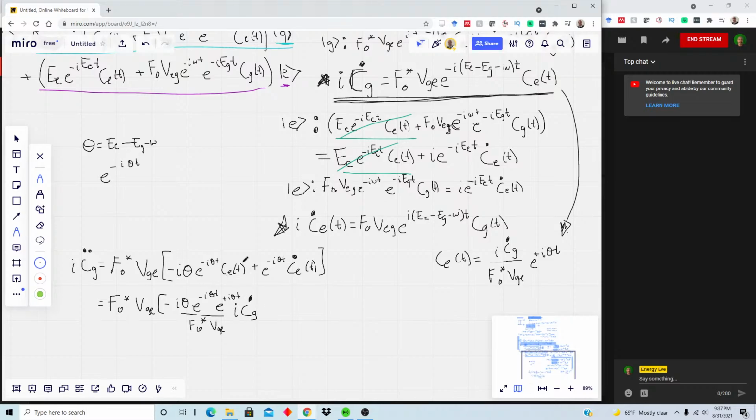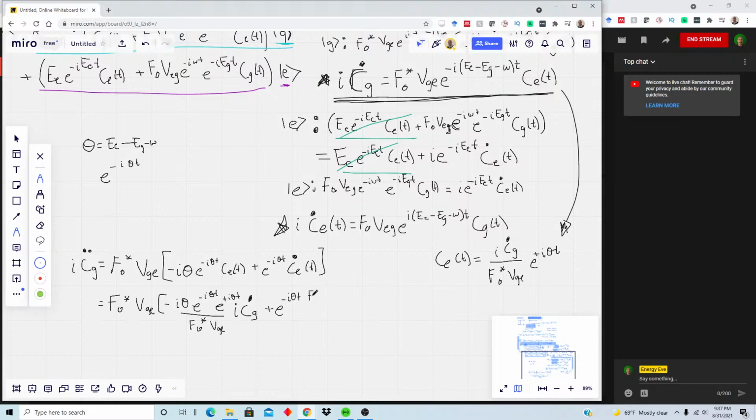And so remember, this is this term right here, plus, and we continue on, i theta t, and this term, we're gonna put this term in. So we'd have to divide this i over to the other side.